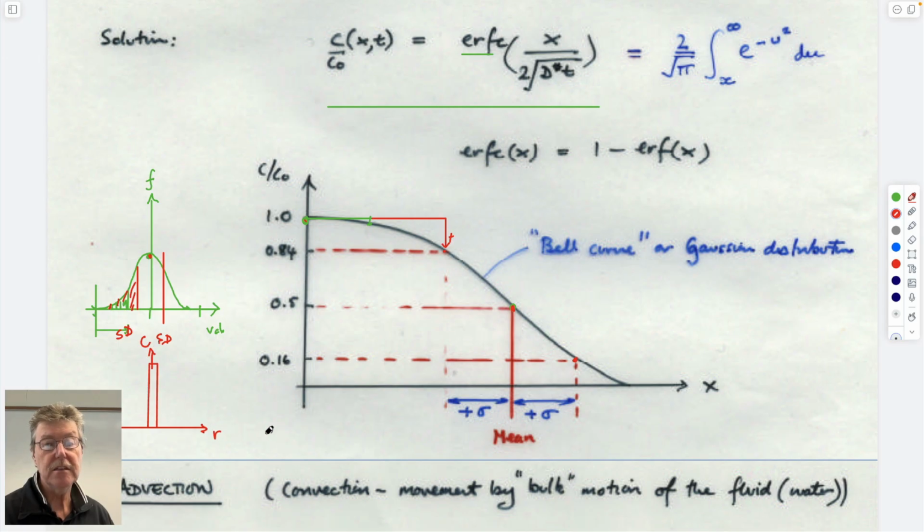This is the radius in each direction. After some time, this would look like this, right? The peak's gone down because if you think about the mass of this thing, it would be the area under this curve times its density. As it spreads out, the mass has to remain the same. So the area under this curve has to be the same as the skyscraper. And so to do that, if it's spreading laterally, then the concentration at the peak magnitude has to come down.